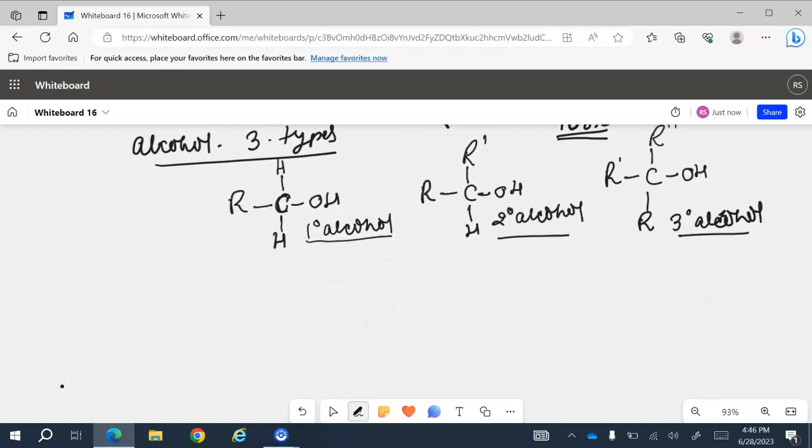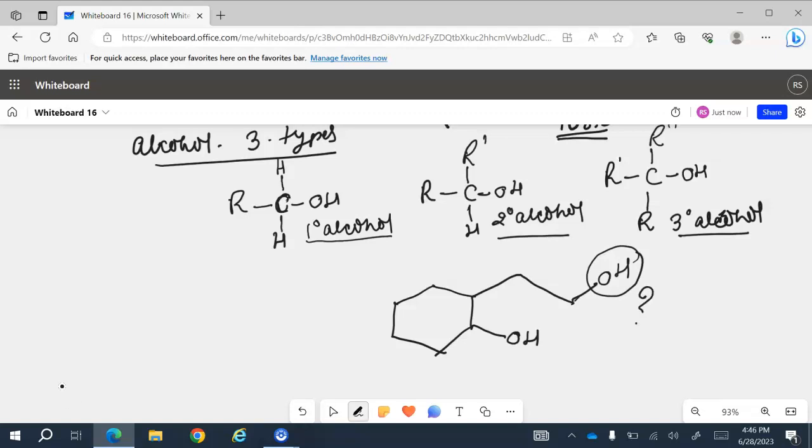Say, for example, suppose you are given a structure like this, and you are asked what type of alcohol this OH group is, and what type of alcohol this other OH group is. How do you identify that?